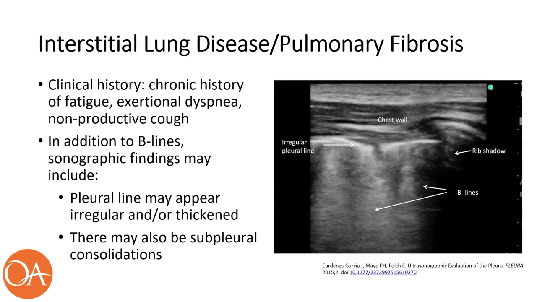These are reflected in thickened interlobular septa due to fibrotic or inflammatory changes. Additionally, the pleural line may appear irregular or thickened, a finding that supports the underlying structural distortion of the lung parenchyma. You may also identify subpleural consolidations, which are typically small patchy areas of increased density near the pleural surface. These suggest localized areas of fibrosis or inflammation. When combined, these sonographic features, interpreted within the appropriate clinical context, can help differentiate ILD from other causes of interstitial syndrome, such as pulmonary edema.